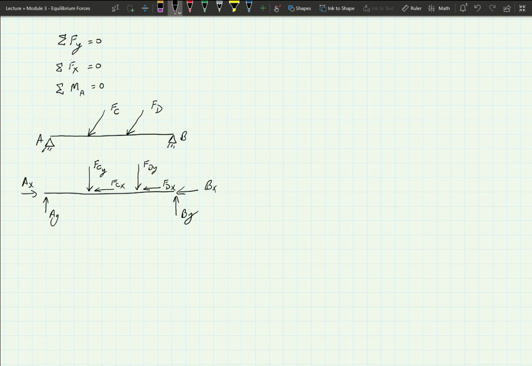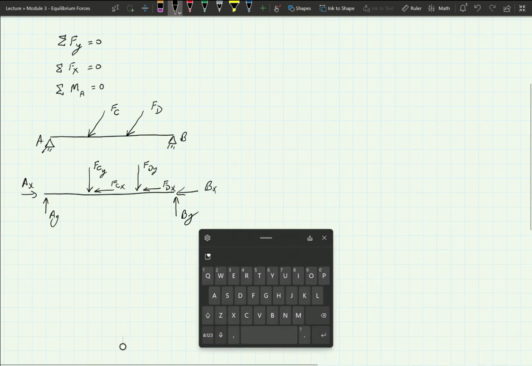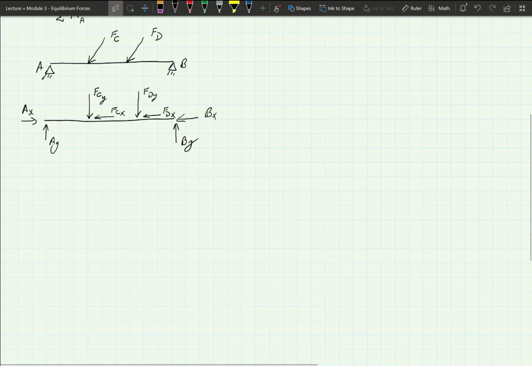Some of these things will be known, some of these won't be known, but what we won't know is the parts and pieces here. So let's do this. We're going to go back to our equations, and we're going to write some of the forces in the X equal to 0. And that's going to be AX plus, do this with some logic. So we are going to make this positive direction.